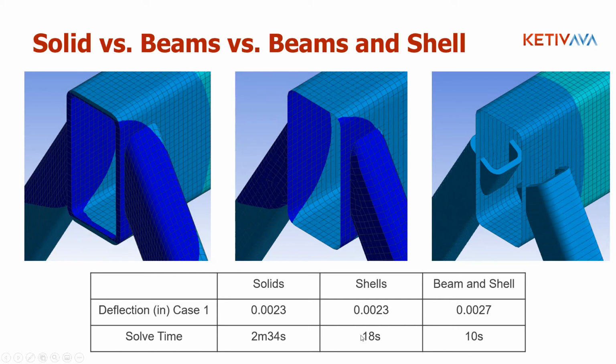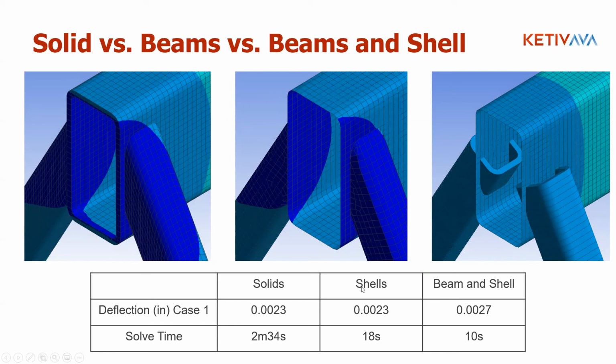And it does help with time. You can see that there's a time difference here, but beams and shells introduce more error than solids. So solid geometries are always going to be more accurate than shells and beams.